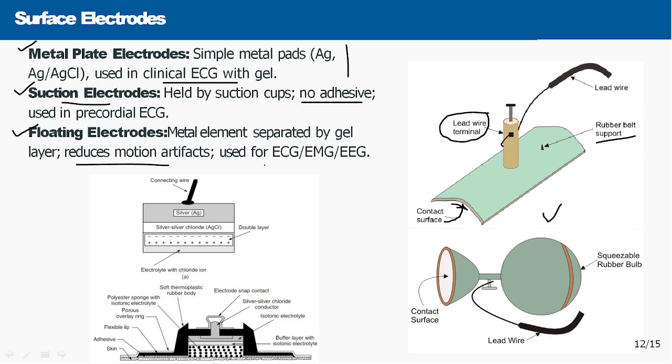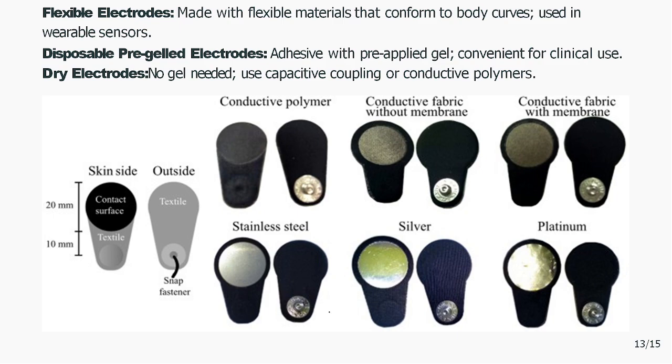This type of floating electrode is used in ECG, EMG, and EEG, and one example is your Ag-AgCl electrode, which is also used as a floating electrode. So, this is the diagram for one floating electrode. We have the skin here, adhesive, then the clip, all these arrangements are for these floating electrodes.